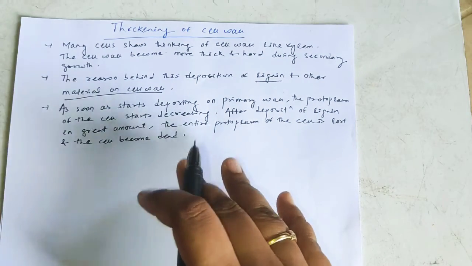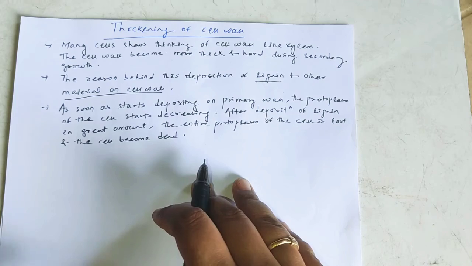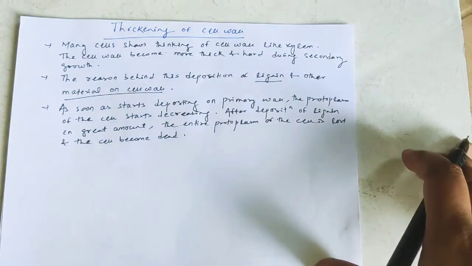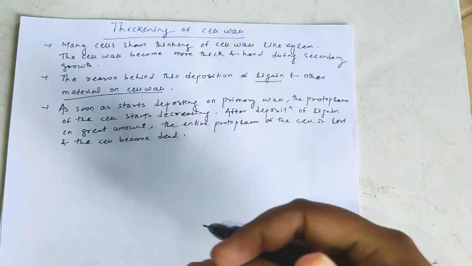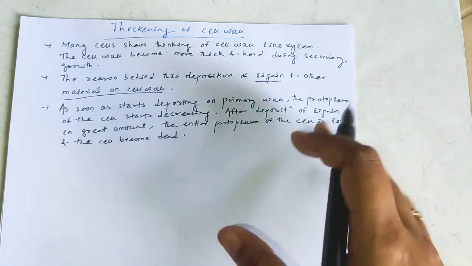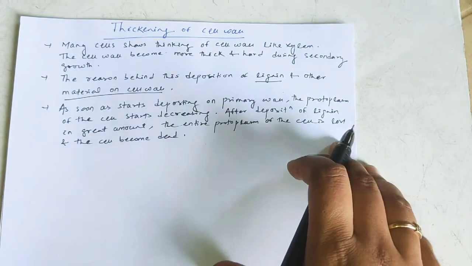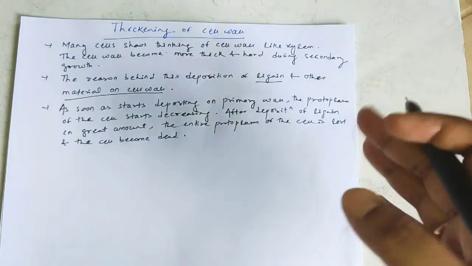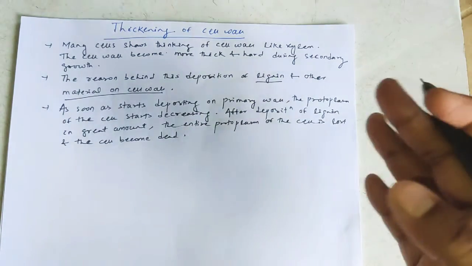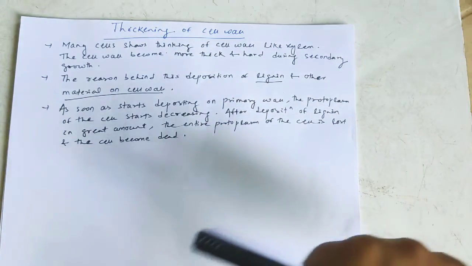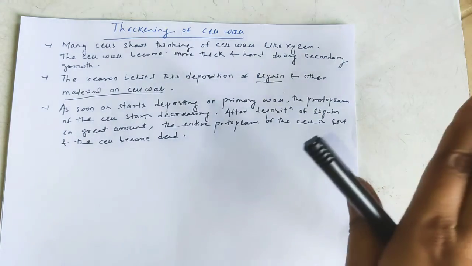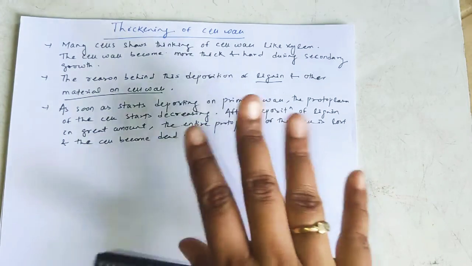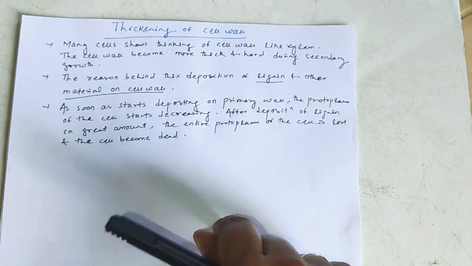Mostly the deposition starts from the primary wall, and due to that the protoplasm concentration started to decrease. One condition will come where the amount of lignin increases, and at that time the entire protoplasm of the cell is lost, and finally the cell becomes dead. This was the summary or the main thing about the thickening of cell wall. Clear up to this? Okay.